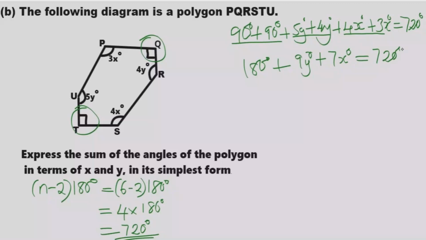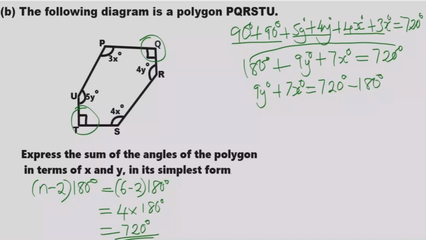Okay, once we have done this, we can put the like terms together. That means we're going to remain with 9y degrees plus 7x degrees is equal to 720 degrees. Then the 180 degrees will cross the equal sign and become minus, so we have minus 180 degrees. Then what do we do now?